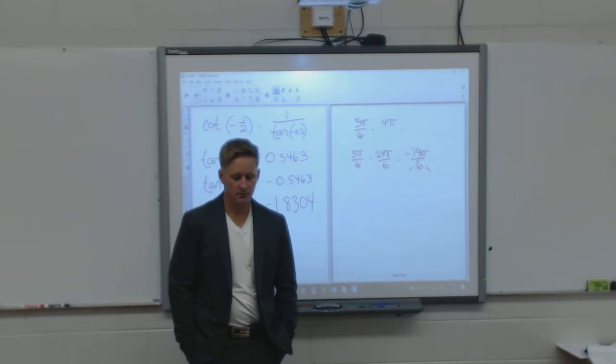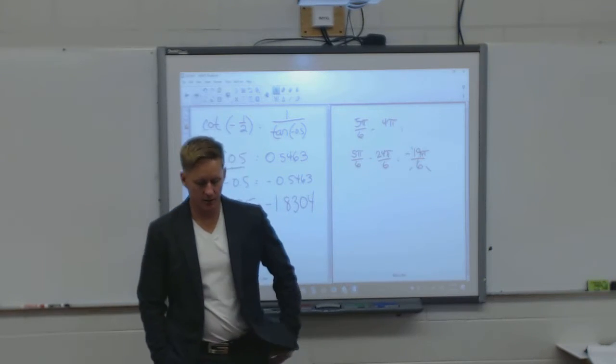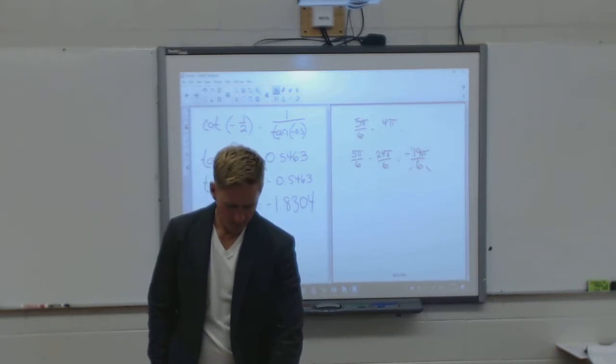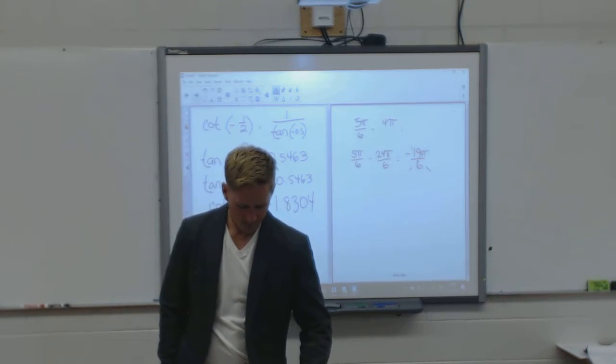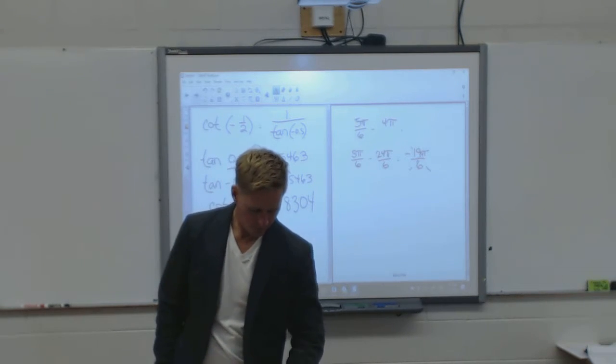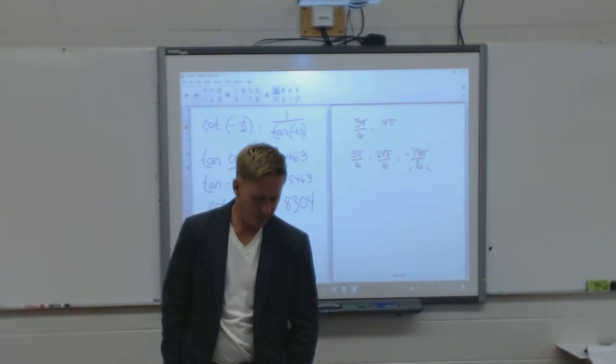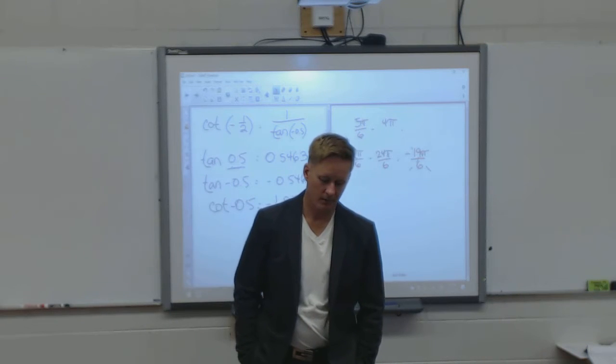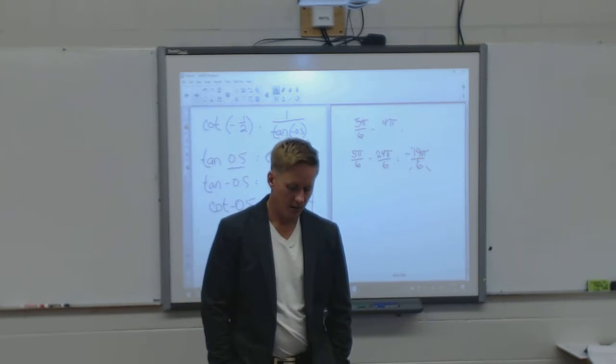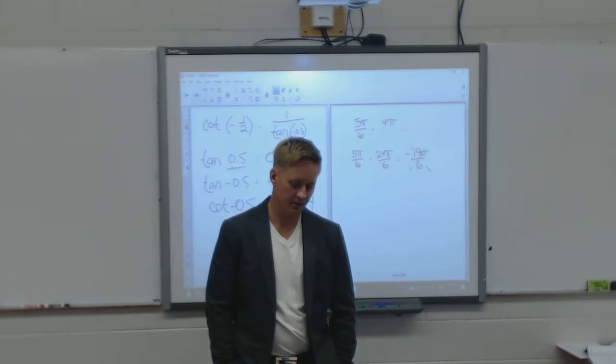Can I be doing all these questions with my calculator in radians? When do you have to switch it back? Well, take a look at 4.3, page 132. In A, you're using radians.